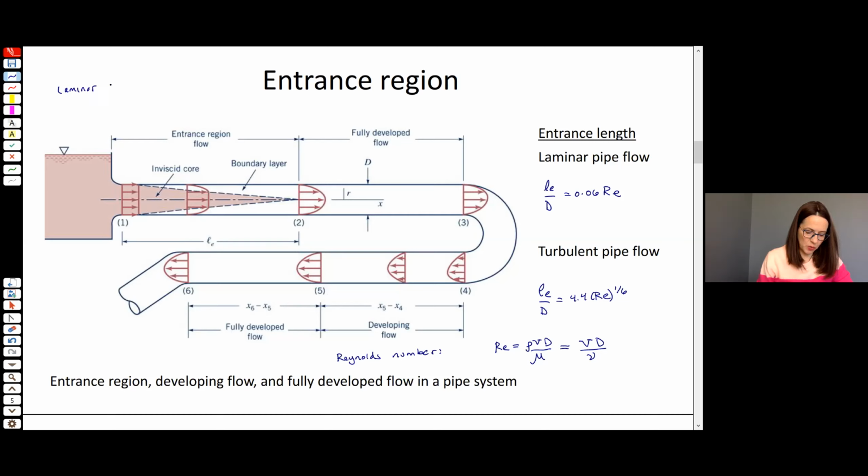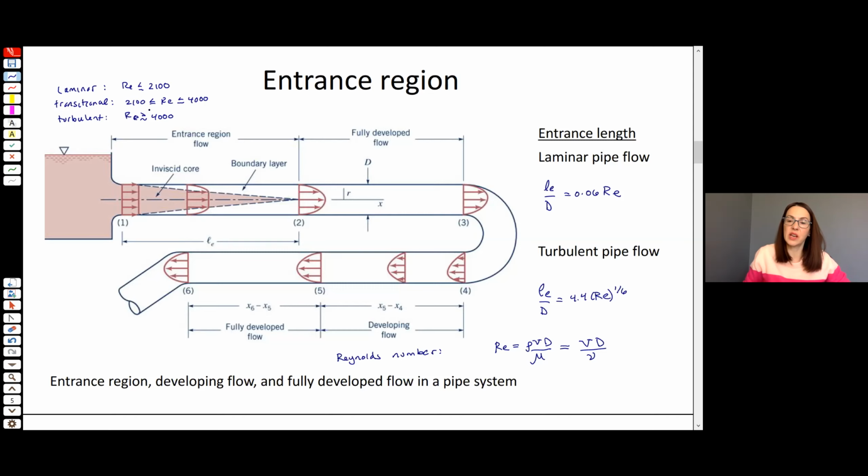So for a smooth pipe, we have laminar flow for a Reynolds number less than about 2100. We have transitional flow for a Reynolds number between about 2100 and 4000, and turbulent flow for a Reynolds number greater than about 4000.